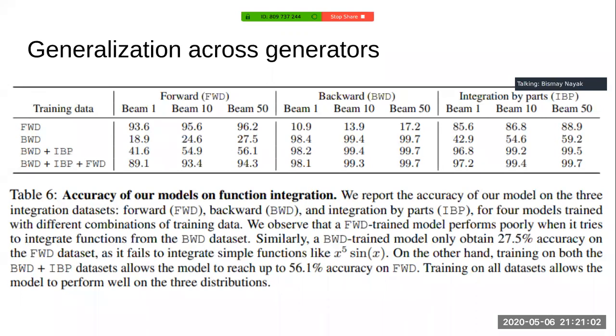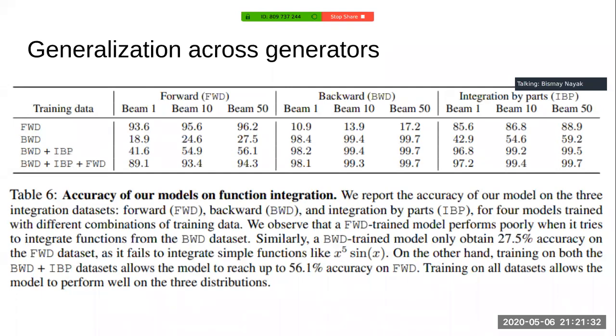So the length of sequences used to differ, and the kind of solution that the model created while being trained on each kind of data also differed. If you train the model on forward generated data, the accuracy on backward data is very low, and in the case of backward generated data, the accuracy on forward is very low.